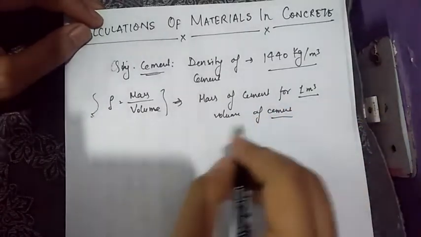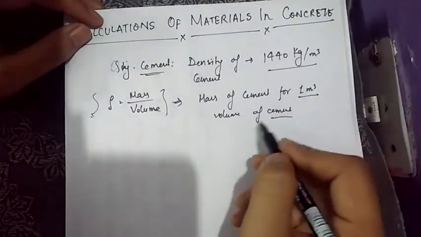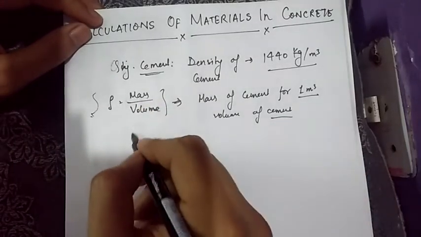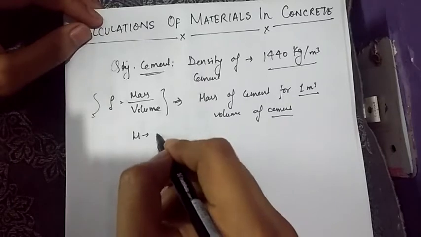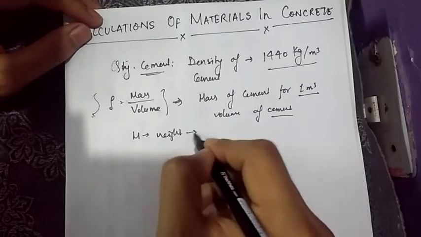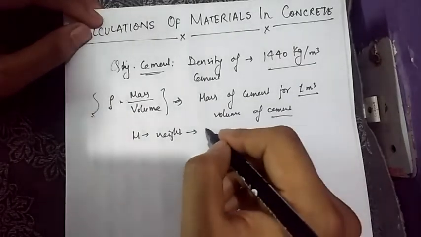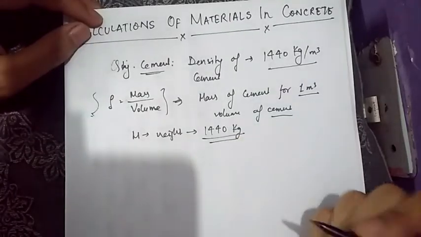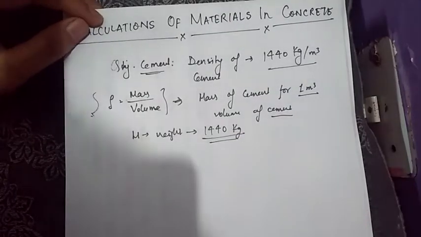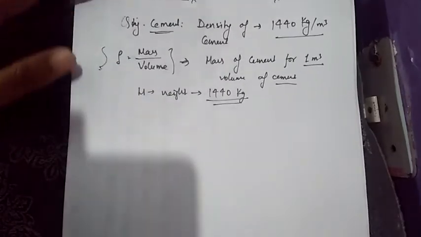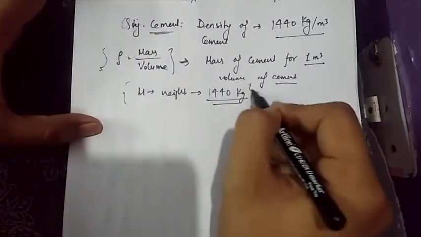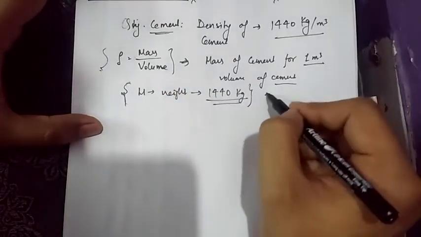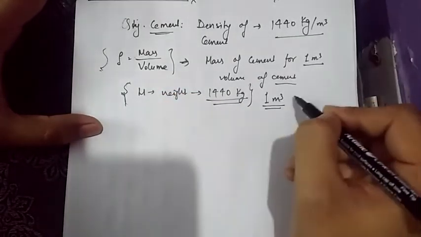So for 1 meter cube volume of cement, the mass or weight of cement is equal to 1440 kgs. Okay guys, so we have the mass of cement in 1 meter cube volume.